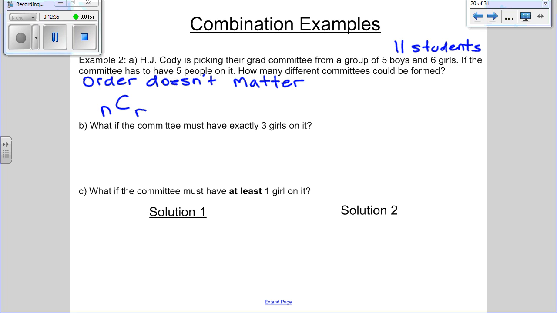How many can I choose from? 11. I'm going to choose how many of them? 5. That's what R equals. So in your calculator, you're going to put in 11, and then you're going to use your button, and you're going to select 5 of them, and you get 462 ways you could select that committee of 5.